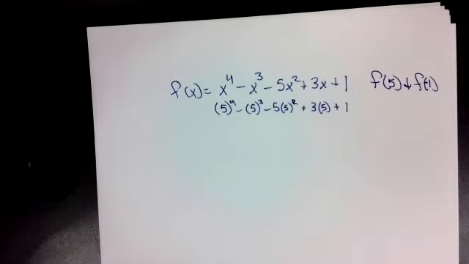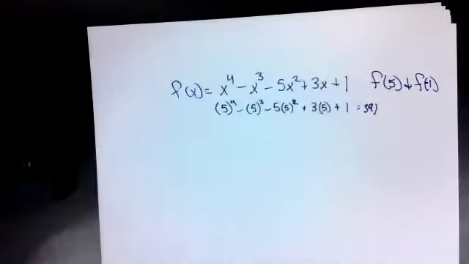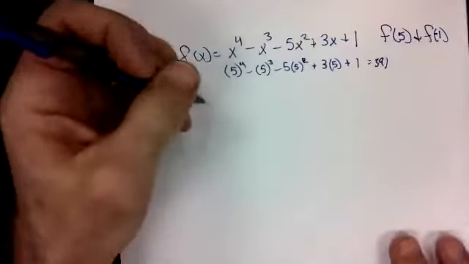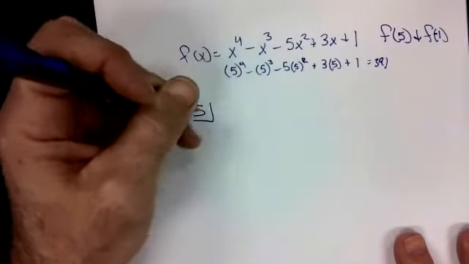So 5 to the 4th minus 5 to the 3rd. Oops. Helps if you turn your calculator on. And your calculator should generate the right answer. Mine says 391.